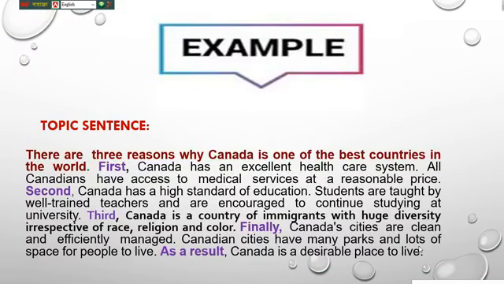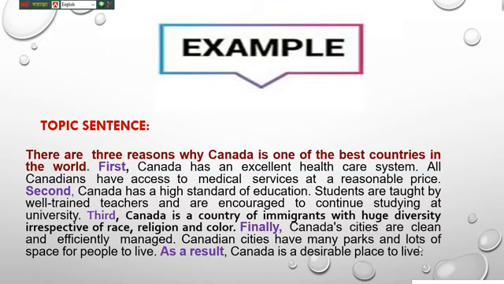All right, here is an example of a good paragraph, and let's see what happens to the topic sentence. The red colored sentence is the topic sentence here: there are three reasons why Canada is one of the best countries in the world.